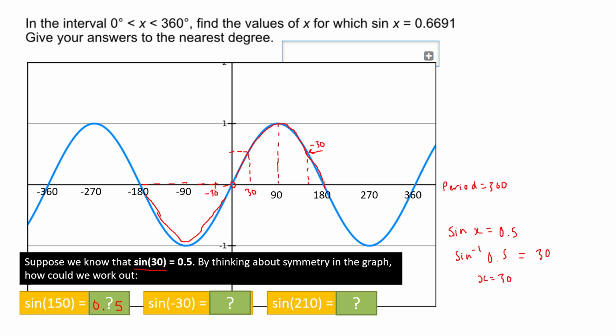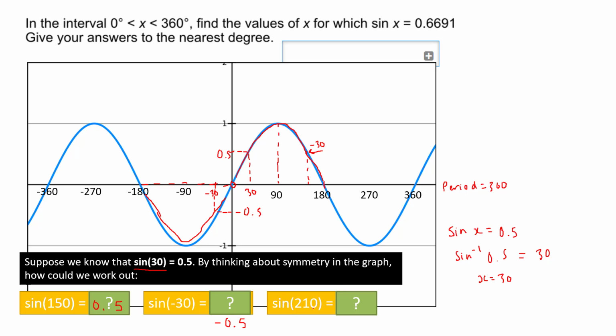So minus 30 is just going to go exactly down here, and if it's a symmetrical reflection, that must be minus 0.5. So this is minus 0.5, and if you check that on the calculator, that's the answer you get.